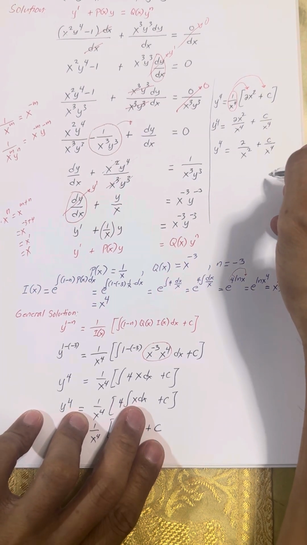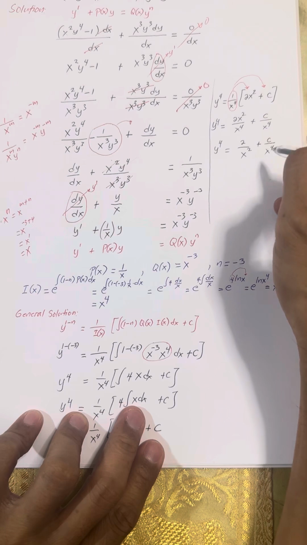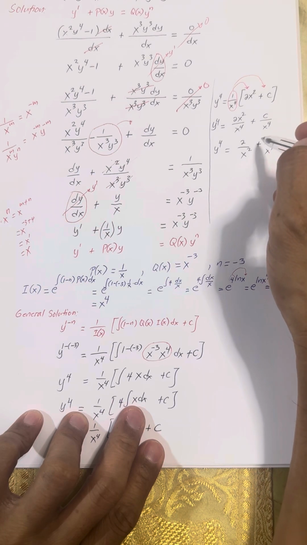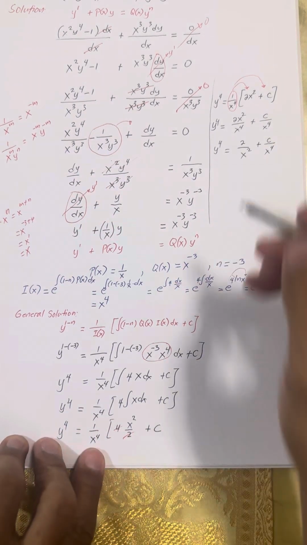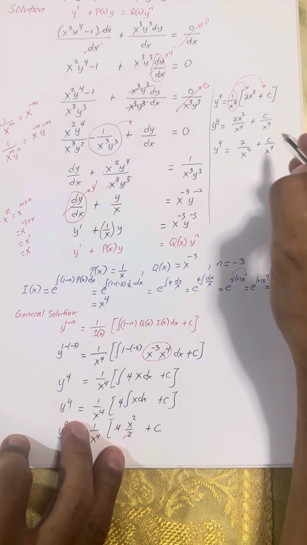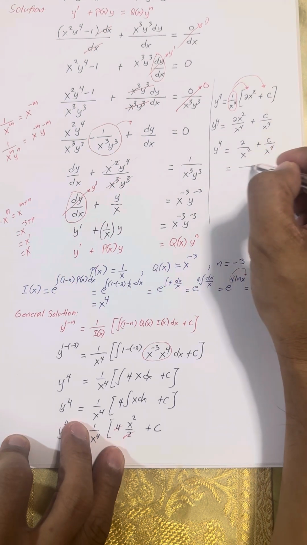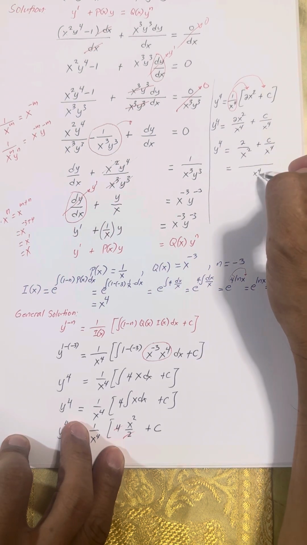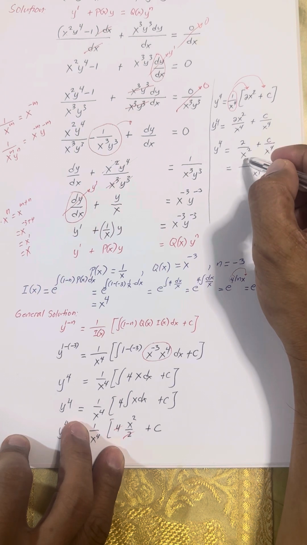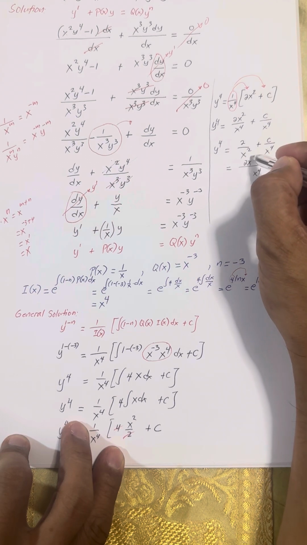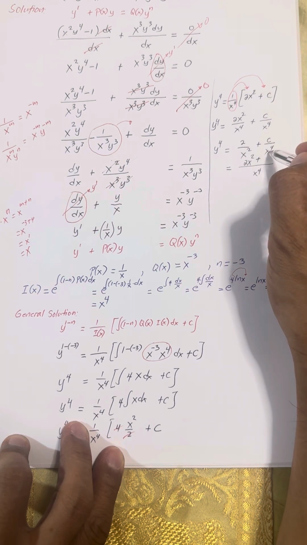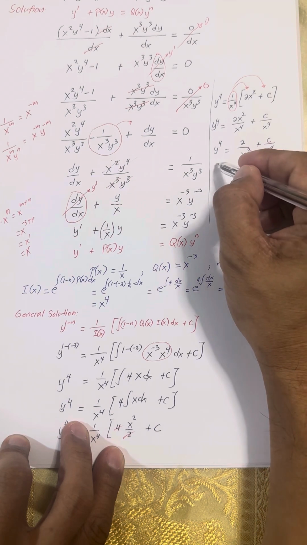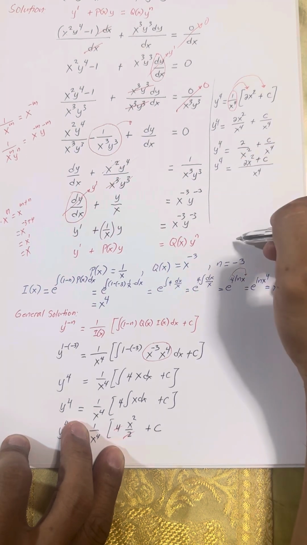All right, or you can simply factor out. Actually, this can be your answer already, but we can still simplify this one. So at the right side, we find the LCD, which is x to the power 4. So this one divided by this, so we have x squared plus this one divided by this times c, and we have y to the minus 2.